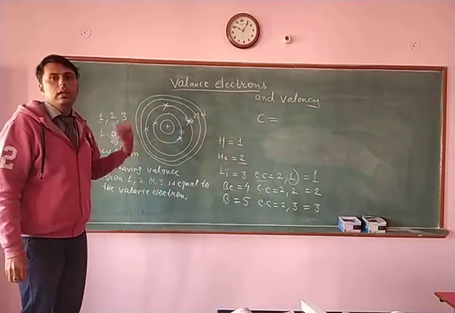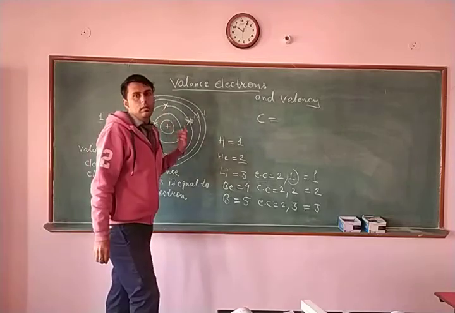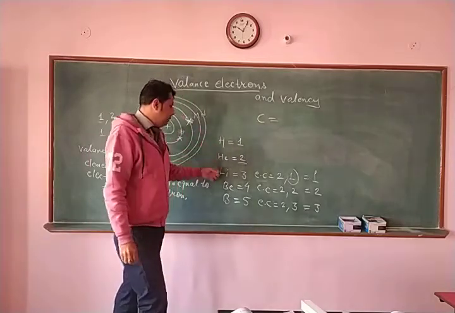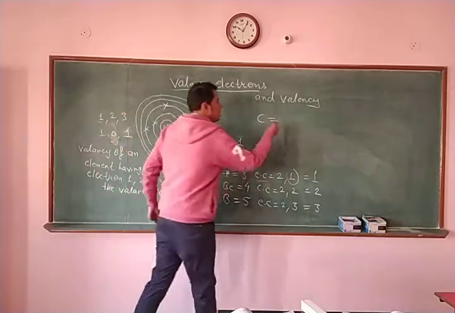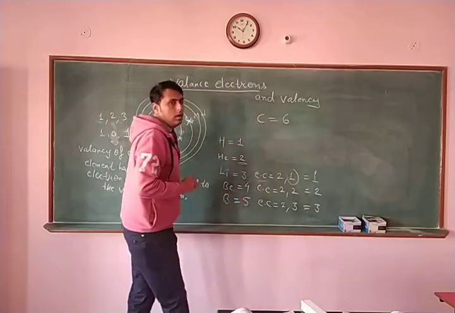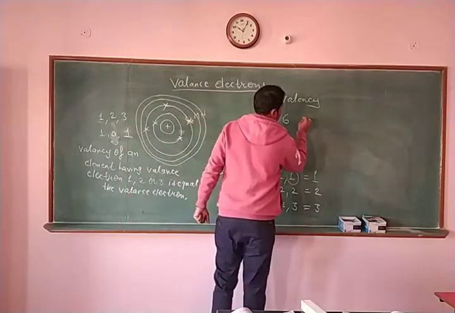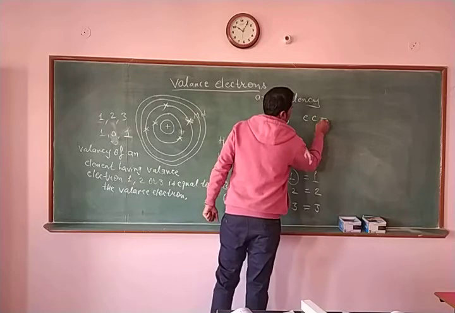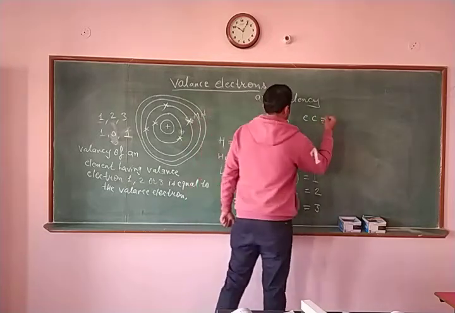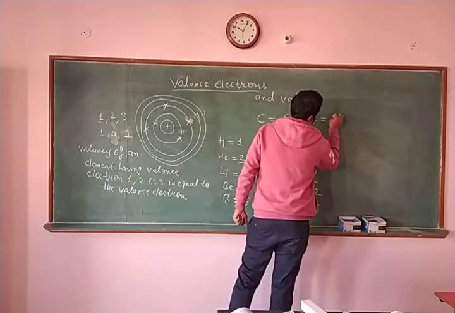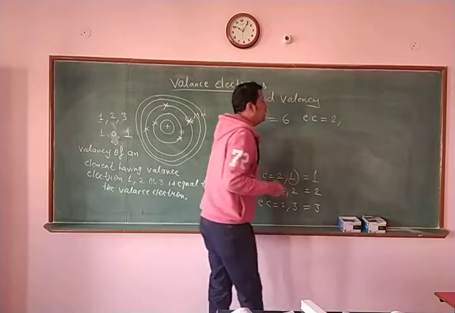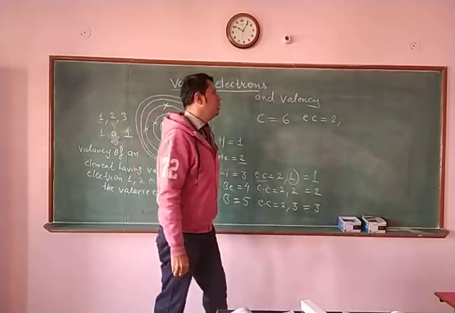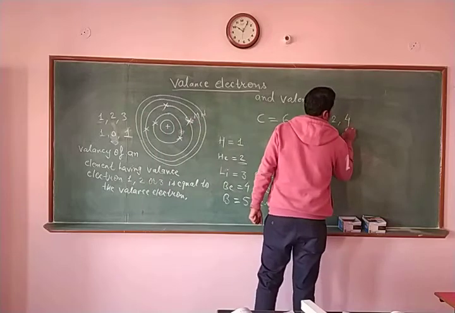You can count or you can just learn and remember: hydrogen, helium, lithium, beryllium, boron, carbon. So carbon comes at 6. Write the EC for carbon. EC means electronic configuration. So the electronic configuration of carbon will be 2, and how many electrons are left? 6 minus 2, that will be 4.